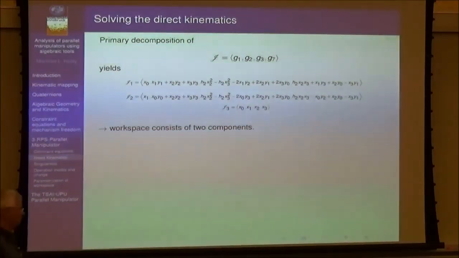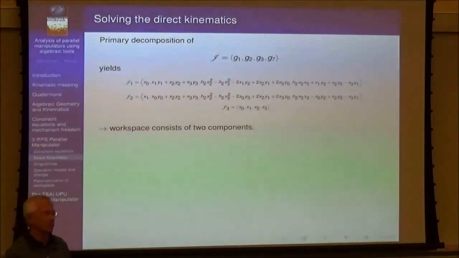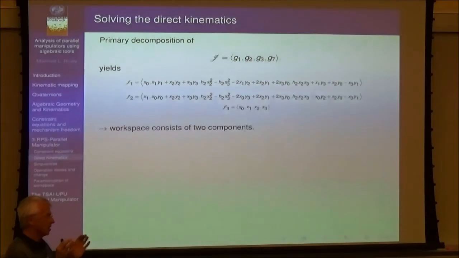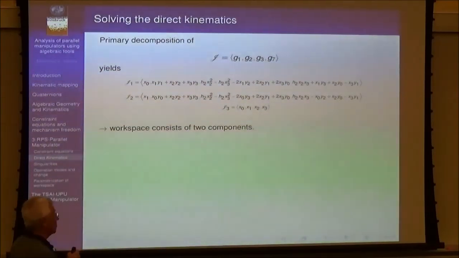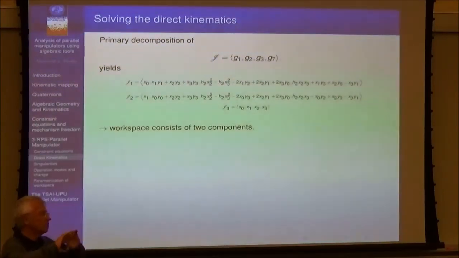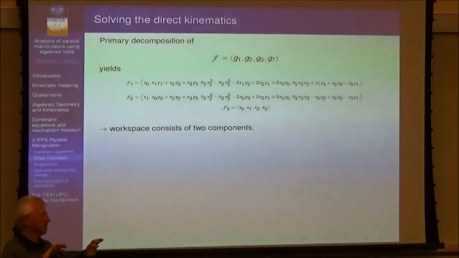And I don't have the time, I would need another half hour to explain this to you. Primary decomposition is explained in the lecture notes, in the primer of algebraic geometry. It tells you if the ideal which is generated by the constraint equations splits into smaller units.